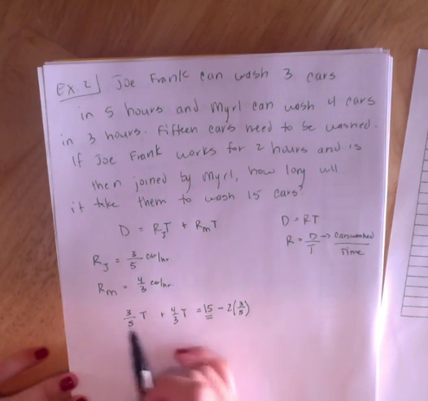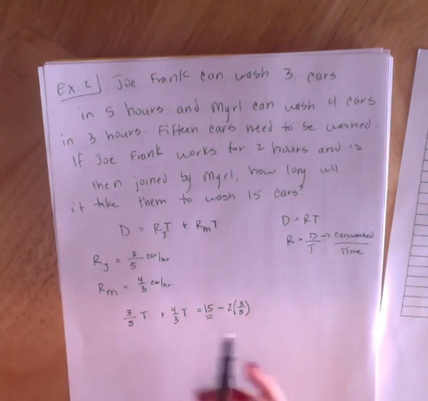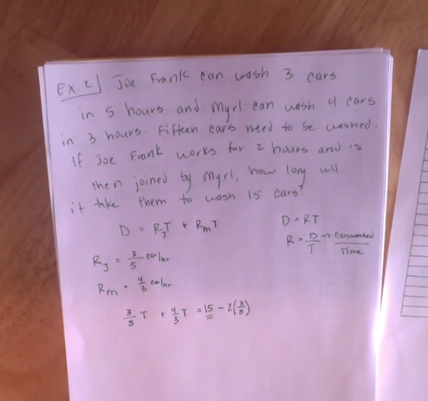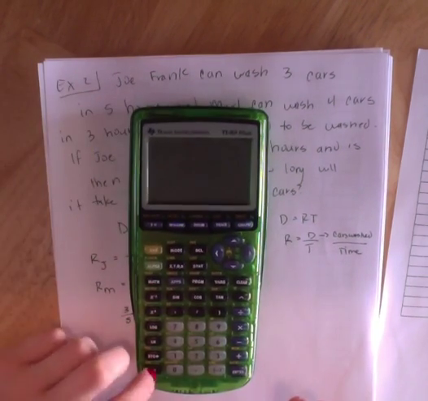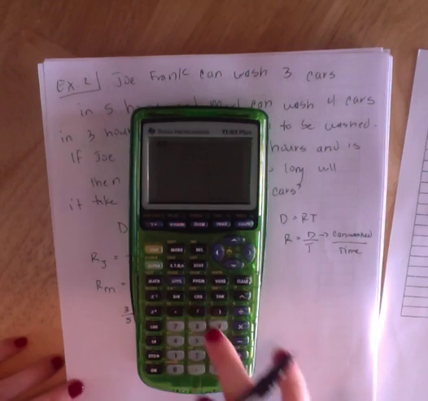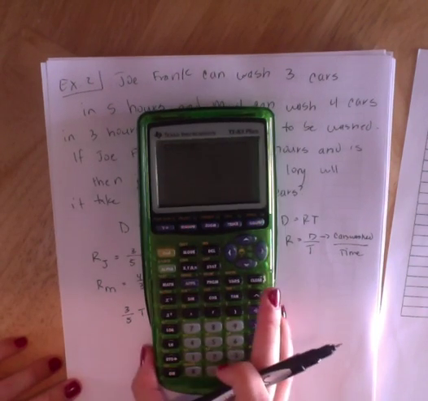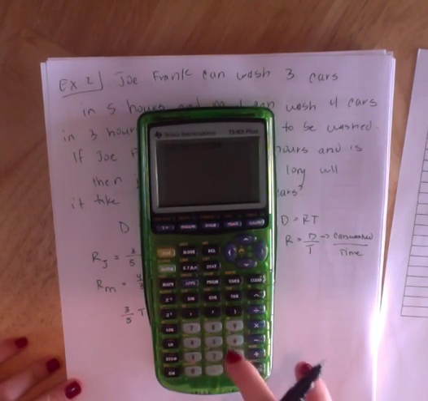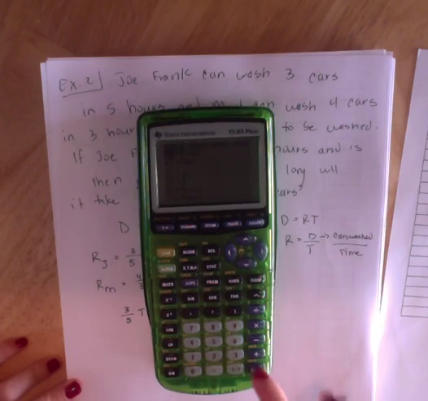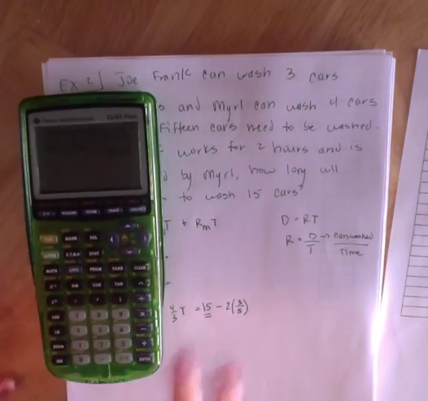Okay. Now, what I could also do is I could multiply everything by 15 to get rid of my common denominator, 5 and 3. It doesn't matter. So, in your trusty calculators, we're going to do 3 divided by 5 plus 4 divided by 3. And math, enter, enter, make it a fraction.